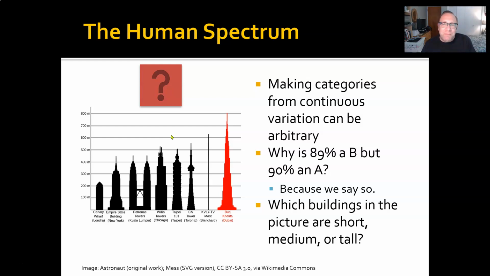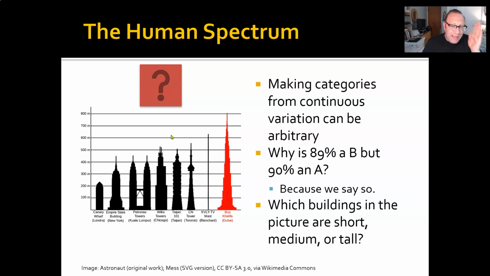So that then brings us to the question of how do we actually come to identify races by traits like skin color? Well, making categories from continuous variation, like height or weight, is a very arbitrary thing. There are better ways to make categories and not as good ways to make categories, but it's always kind of an arbitrary choice.